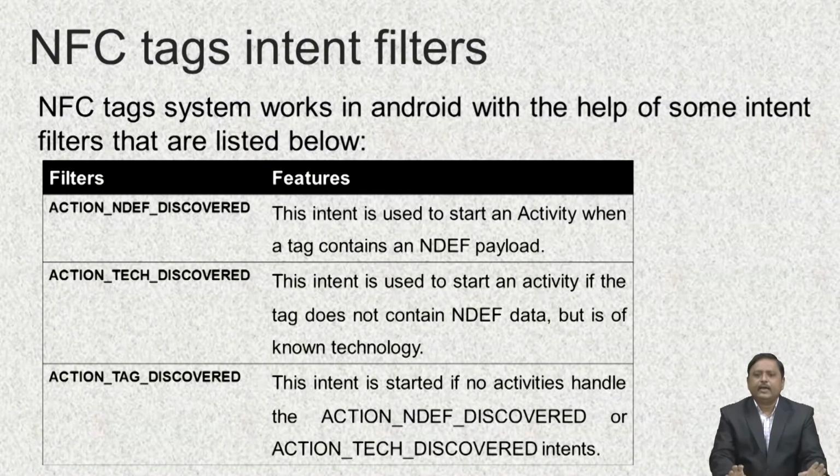It is used to start an activity if the tag does not contain NDEF data but is of a known technology. Then we have ACTION_TAG_DISCOVERED, which is started if no activity handles the actions mentioned earlier. So these filters should be declared inside your manifest file so that other apps can know whether and what kind of data can be managed by your application.